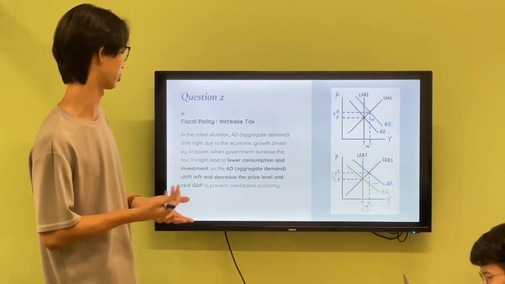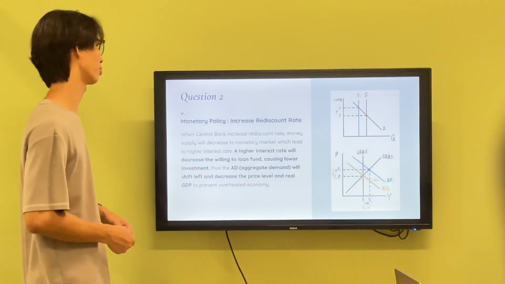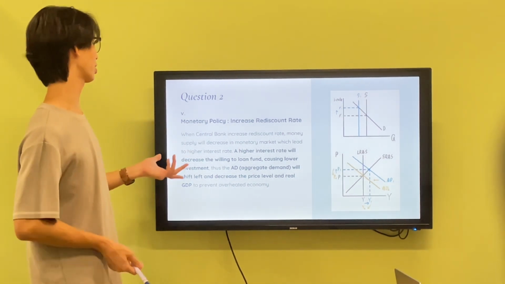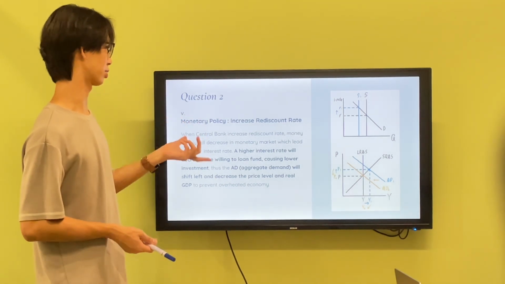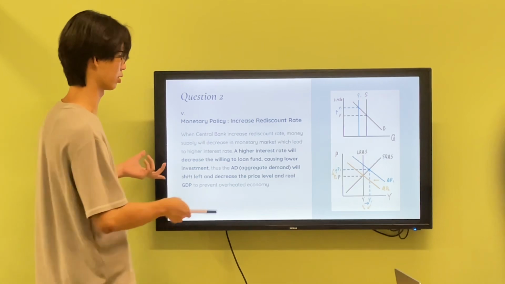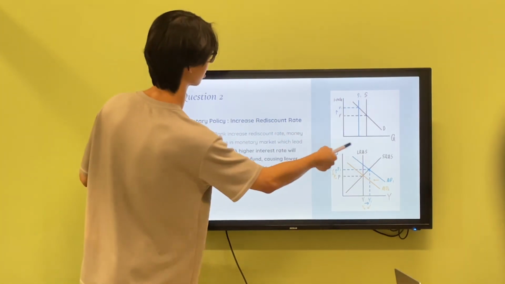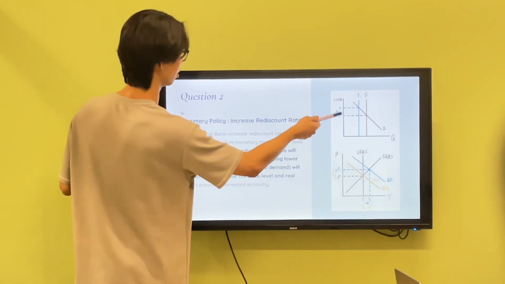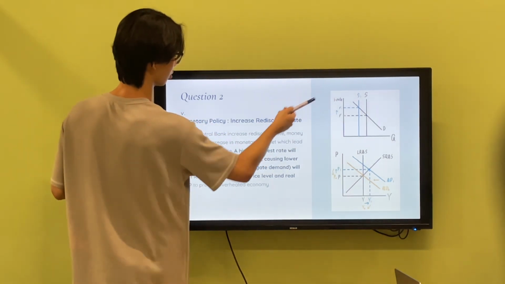Also, this one is the monetary policy. The central bank can increase the discount rate. So the money supply will decrease like this. This is the money supply market. The money supply will decrease, and thus the interest rate will go up.